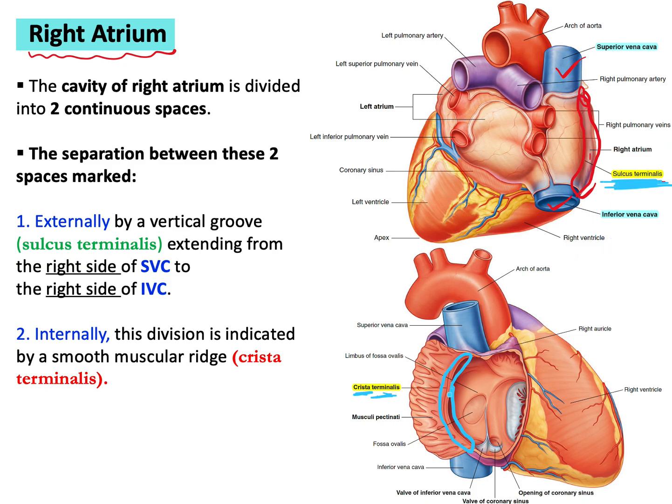So this ridge, I would say, divides the right atrium into two spaces. Not separate them actually, no. We can just say there is a space behind this ridge and a space anterior to this ridge.